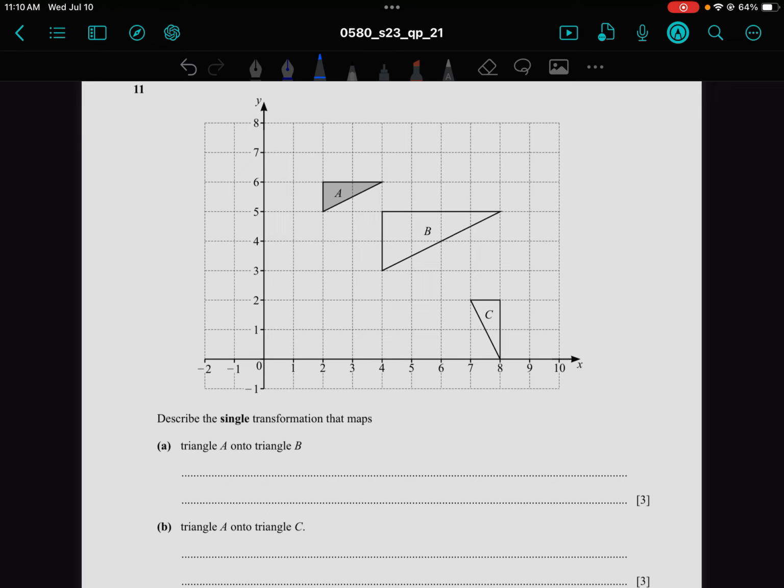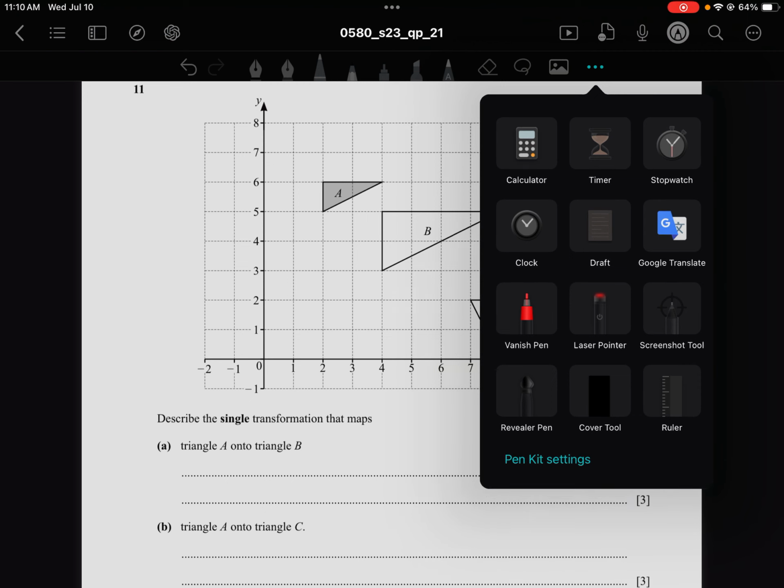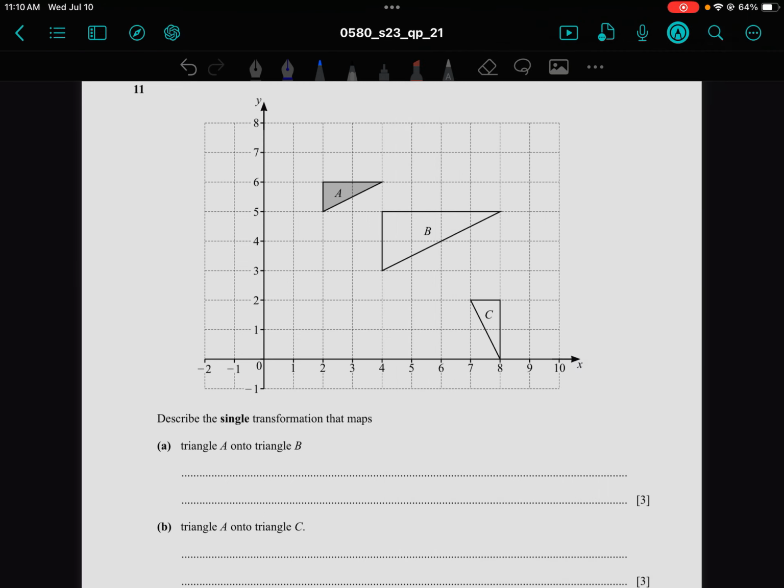So question number 11 says, describe the single transformation that maps triangle A onto triangle B. As we can see, triangle B is the enlargement of triangle A. These two, and we can see here this is 1 and this is 2 blocks.